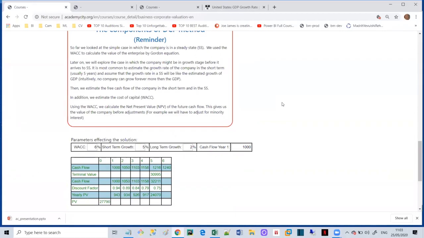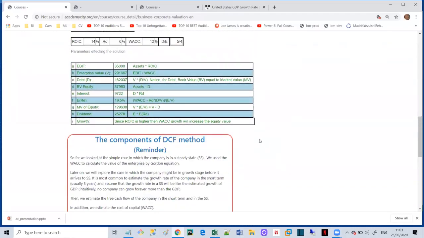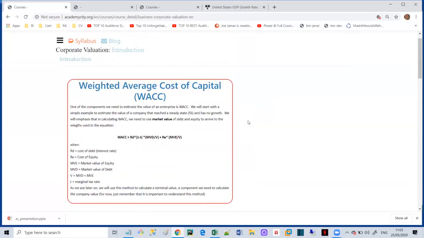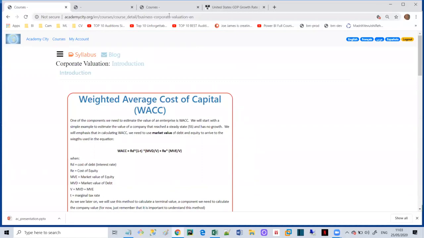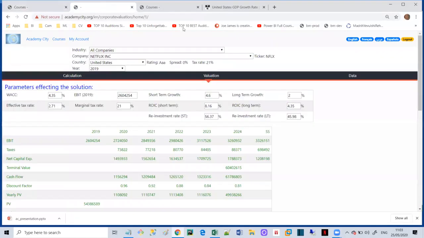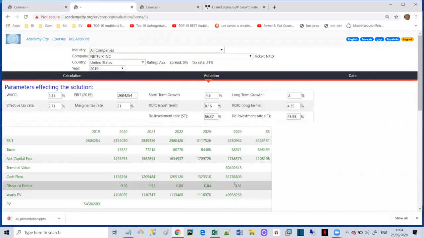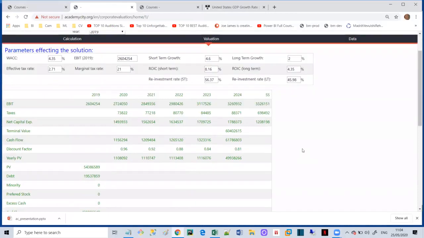That's the only reason why I developed this startup. This startup is designed just to give you real-life online data, like we did with Netflix. This is not a trivial exercise to do with Excel. It will take you a hell of a lot of time to build it up.